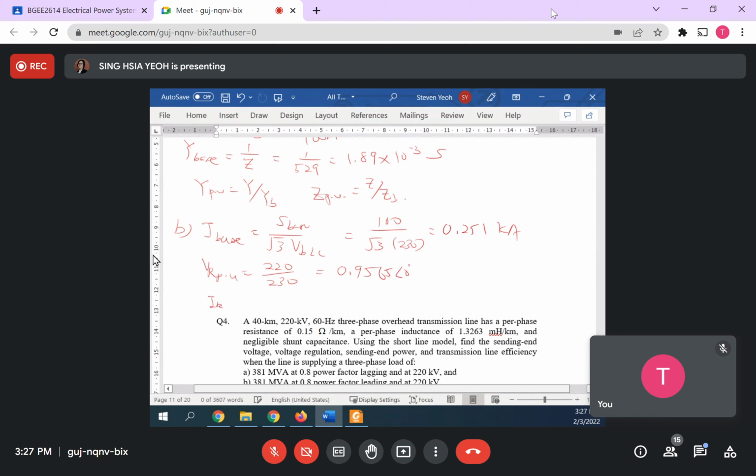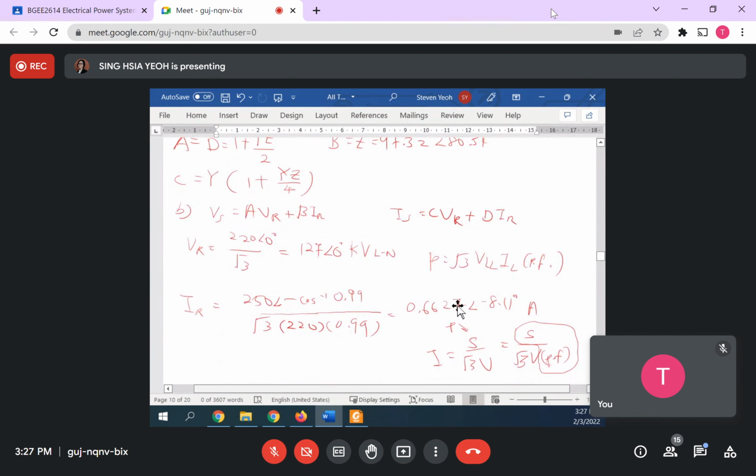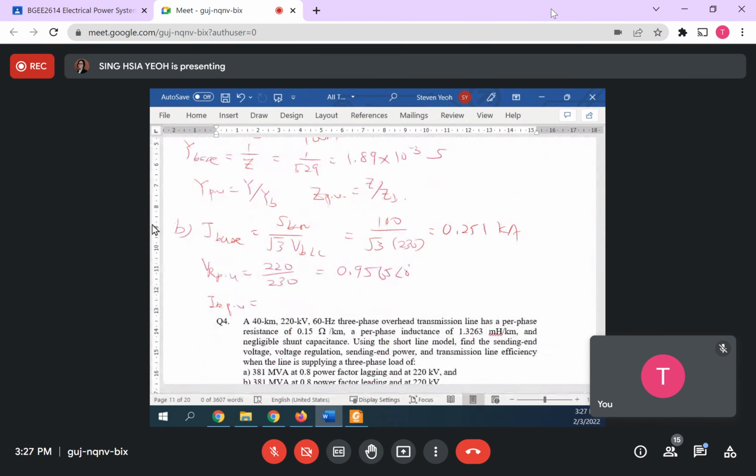And then IR in per unit: this IR value, 0.6627 angle negative 8.11, divided by the base value 0.251. Then you will get 2.64 angle negative 8.11 degree. Are you okay?